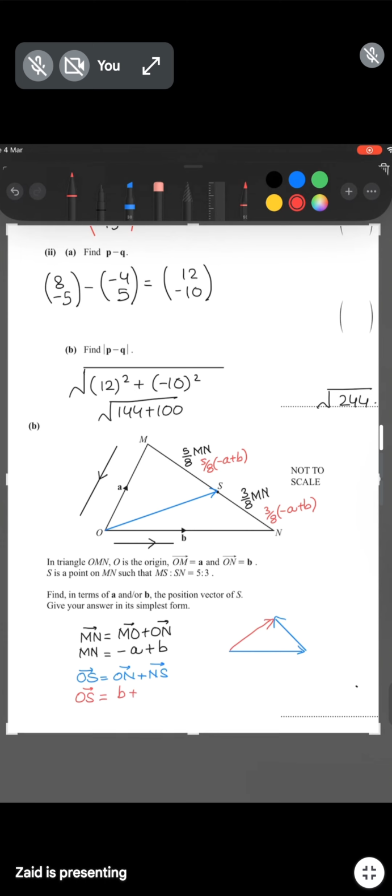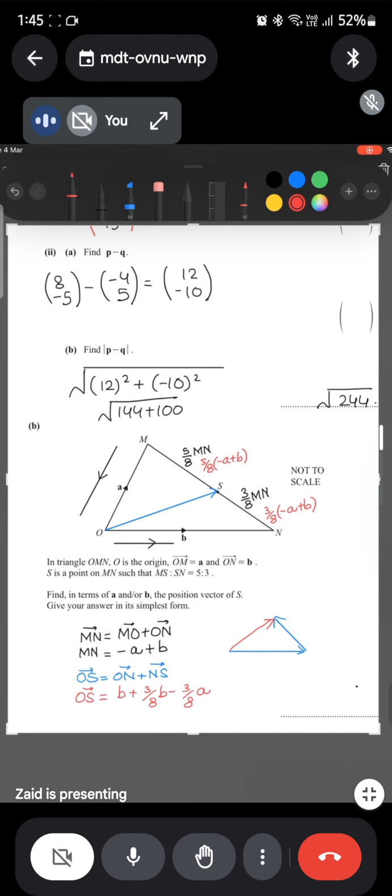So OS, I have to find. ON is B. And NS is 3 upon 8 of minus A plus B, so it's minus 3 upon 8. Let me write it down like this: B plus 3 upon 8 B minus 3 upon 8 A. So how can I simplify this? B is 1 by the way.